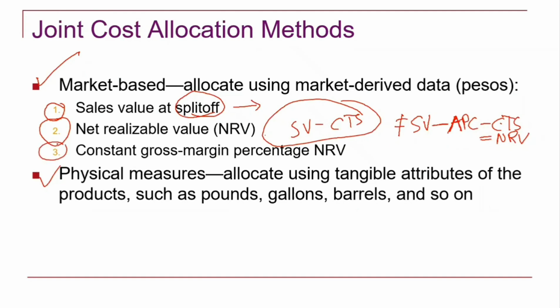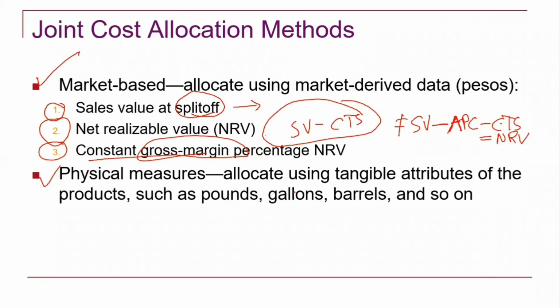Ito naman, number 3, constant gross margin percentage or NRV. Ibig sabihin, ina-assume natin na lahat ng products natin ay merong constant na gross margin. So we are going to illustrate later on how to use each of these methods.